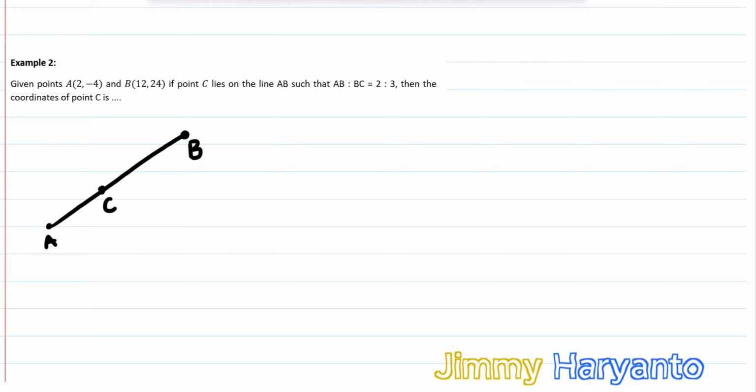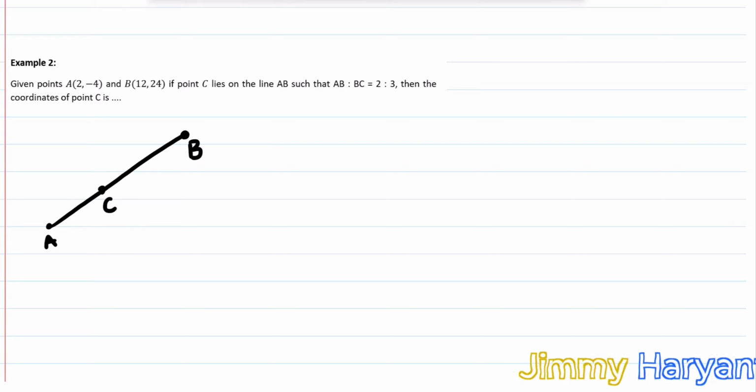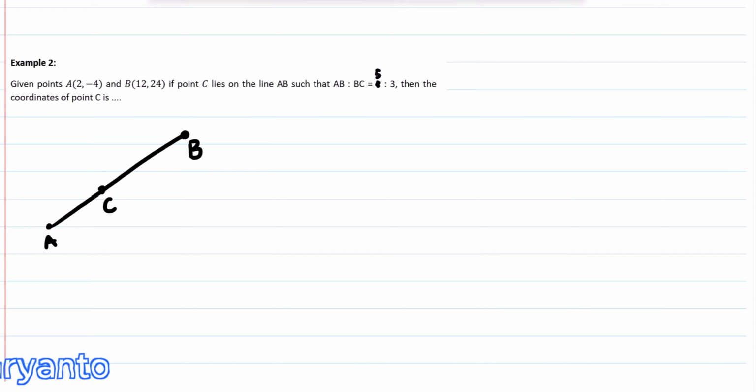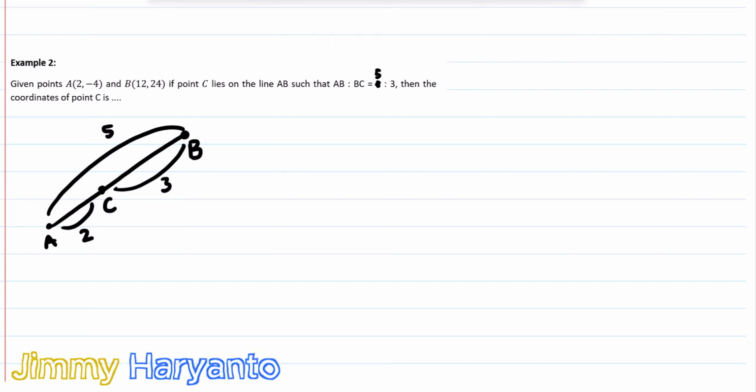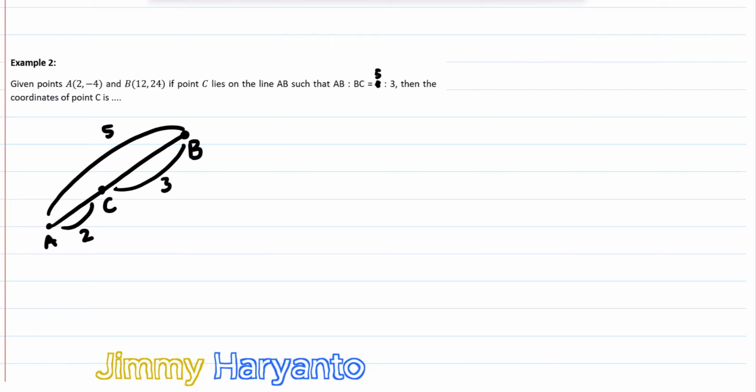Oh my god, I made a mistake. So AB should be 5, maybe 5. Okay, so AB equals 5, BC equals 3, that means AC equals 2. Not 2 units, not 3 units, but the ratio. The ratio is 2 to 3 to 5.